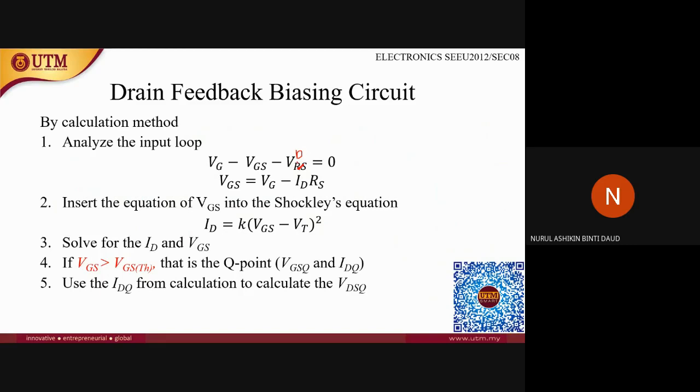VG minus VGS minus VDS equals 0. So this is one equation.